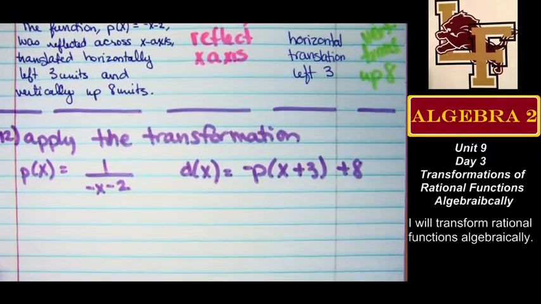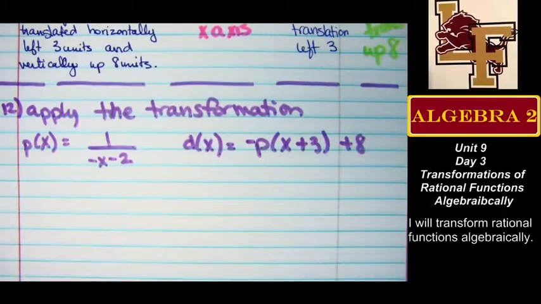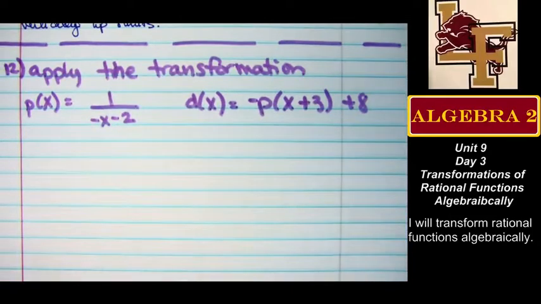This is literally the one we just finished doing, but this time, instead of just describing how it gets changed, we're going to actually change it, not on the graph, but algebraically with all of its symbols.